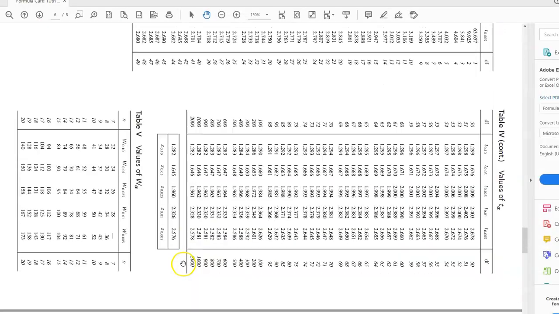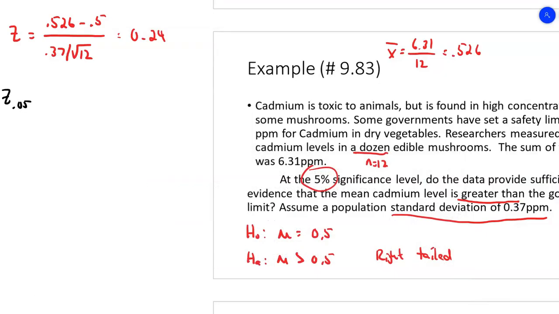Z of 0.05 is 1.645, positive because it's right-tailed, and so clearly that thing fits in the do not reject region. Right, 1.645 is over here. 0.24 is pretty close to the mean, so do not reject.